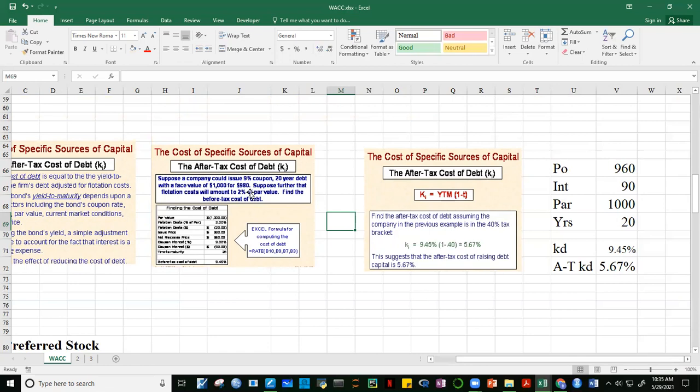Ibig sabihin, yung 980 na makukuha niya, babawasan pa natin ng 2% yan kasi they have to pay the services of the investment company that will issue the bonds for them. So ibig sabihin yung 980, ang makukuha lang niya dyan, 98% niyan, no? Hindi kasi yung 2% ibabayad pa niya yan.